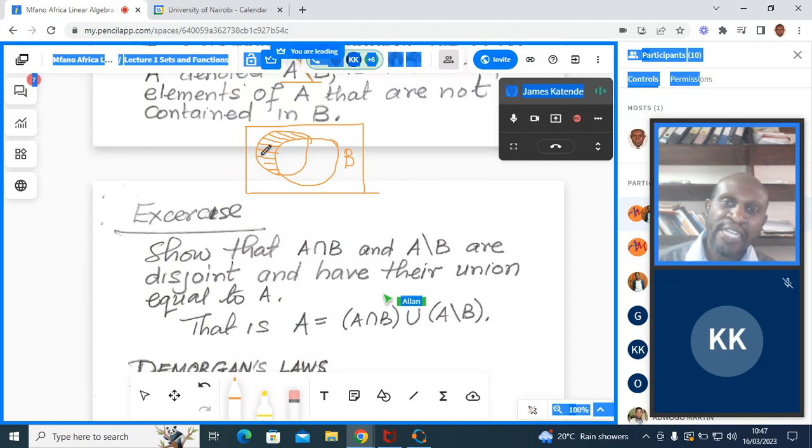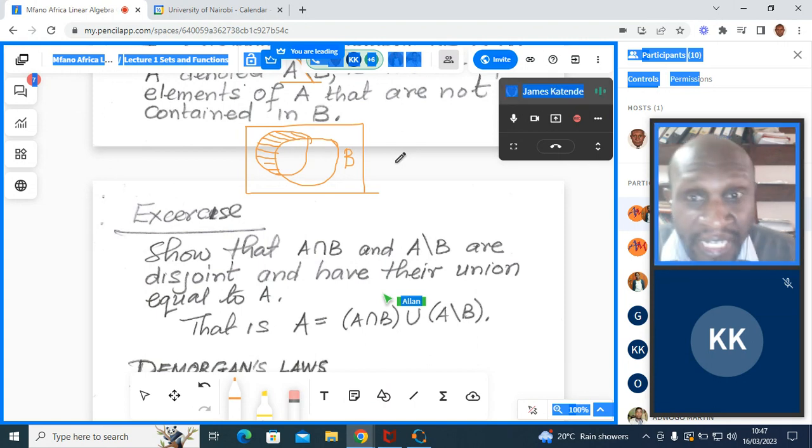So this shaded part now is a relative complement of B in A. So if the intersection is empty, the relative complement of B in A is just A itself, because everything in A will be outside B. I hope that makes sense.